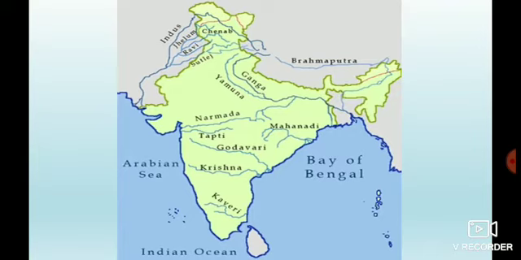And this river Narmada and the river which is down to it, that is Tapi, they rise in the Central Highlands. It originates from the Central Highlands and flows westwards. Westwards is towards the right side, okay?